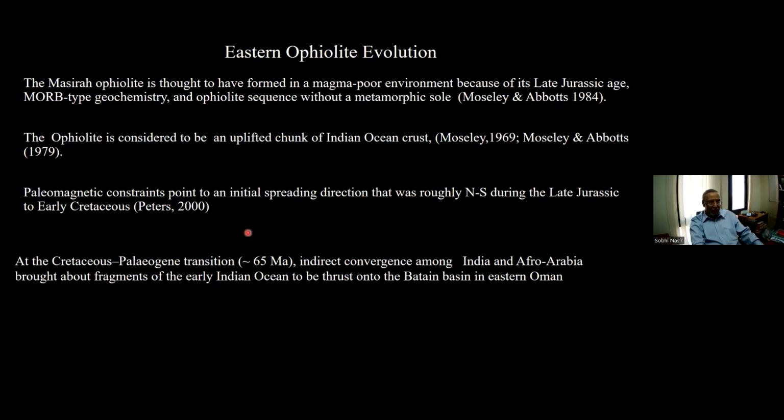And paleomagnetic constraints point to a spreading direction that was roughly north-south during late Jurassic to early Cretaceous. Now, at the Cretaceous-Paleogene transition, before 65 million years, the indirect convergence between India and Afro-Arabia brought fragments of the early Indian Ocean to be thrust into the Batain Basin in eastern Oman.